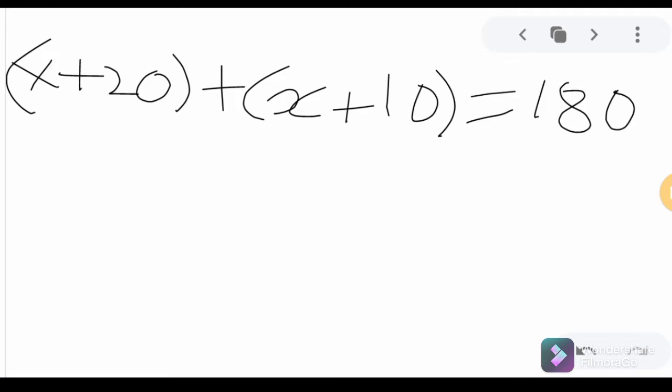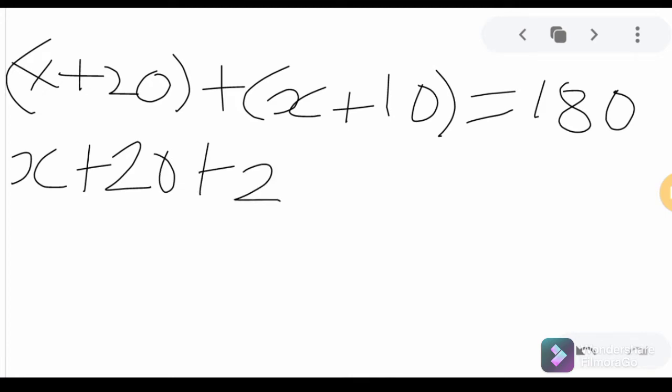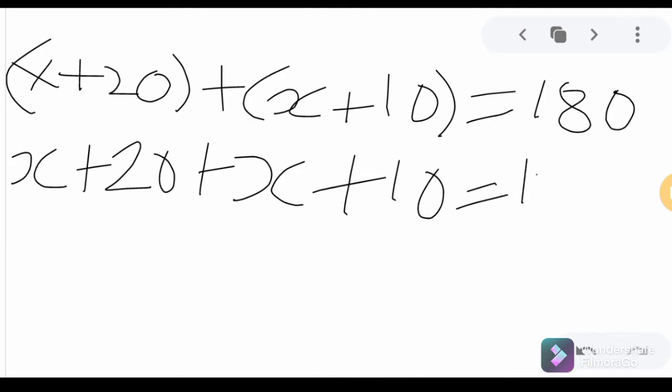So let's bring them out of the brackets. We're going to have x plus 20 plus x plus 10 equals 180 degrees.